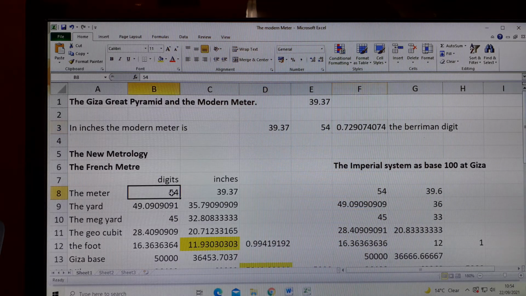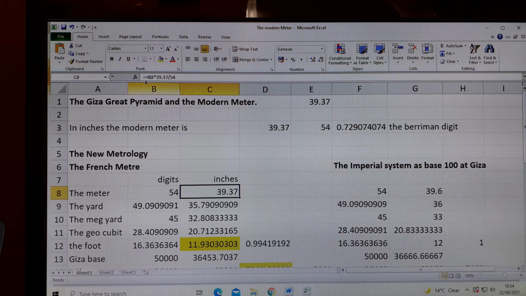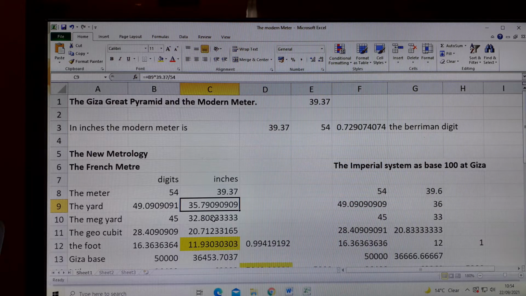So we multiply that by that to get that. And we can see that we're multiplying that by 39.37 divided by 54. So the 54s cancel out and we get 39.37. And we've used that method in each of these cells.